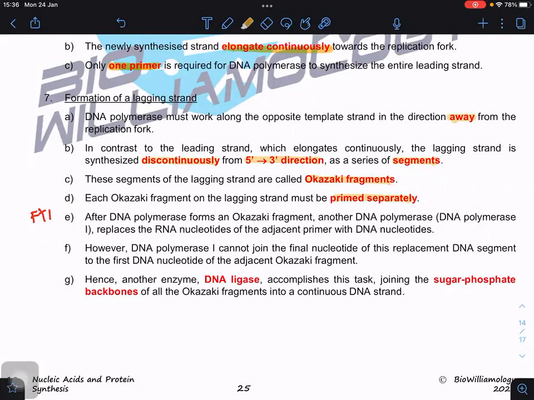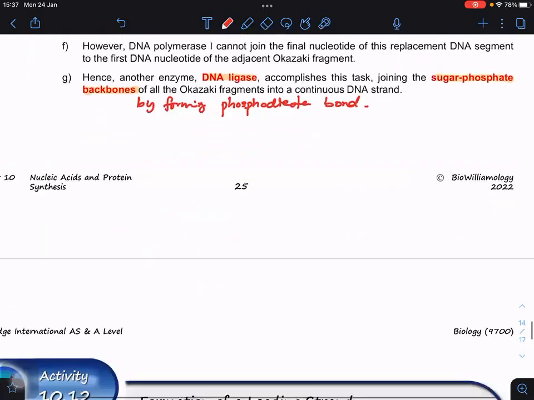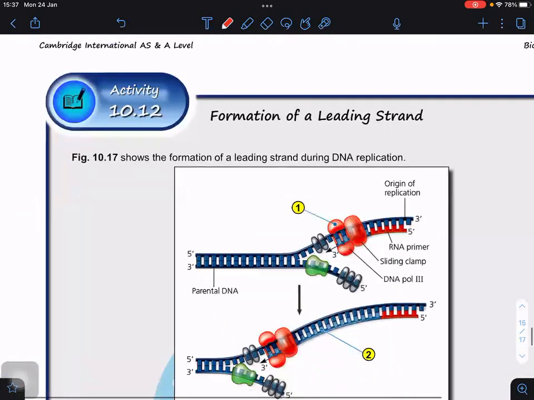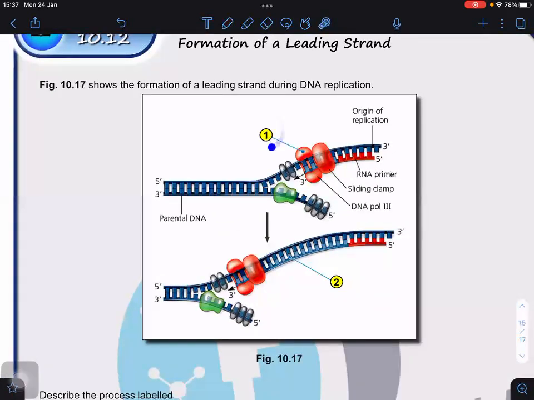So we need another enzyme known as DNA ligase to join the sugar-phosphate backbone by forming phosphodiester bonds. Clear so far? So this one we have broken down, okay, the process, 1 and 2.